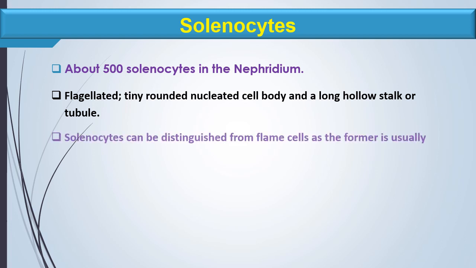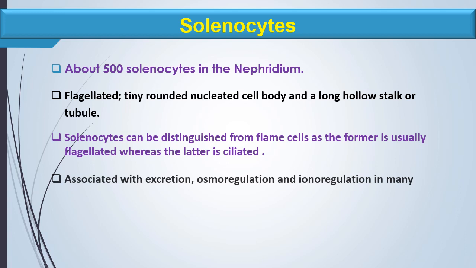Solenocytes can be distinguished from flame cells as the former are usually flagellated, whereas the latter are ciliated. The solenocytes bear a flagellum, whereas the flame cells bear a tuft of cilia.